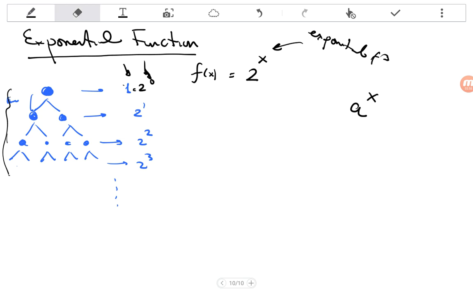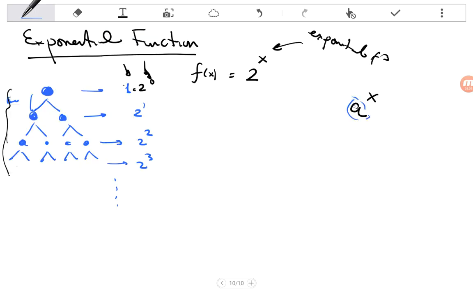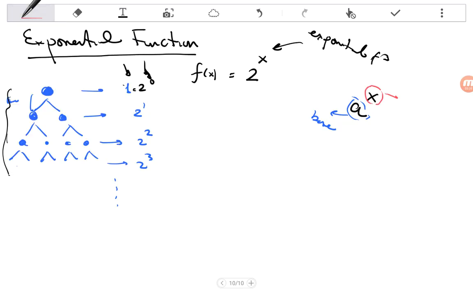Let's check the conditions afterwards. So this is called an exponential function. This is called the base of the exponential function, and this is the exponent of the exponential function.